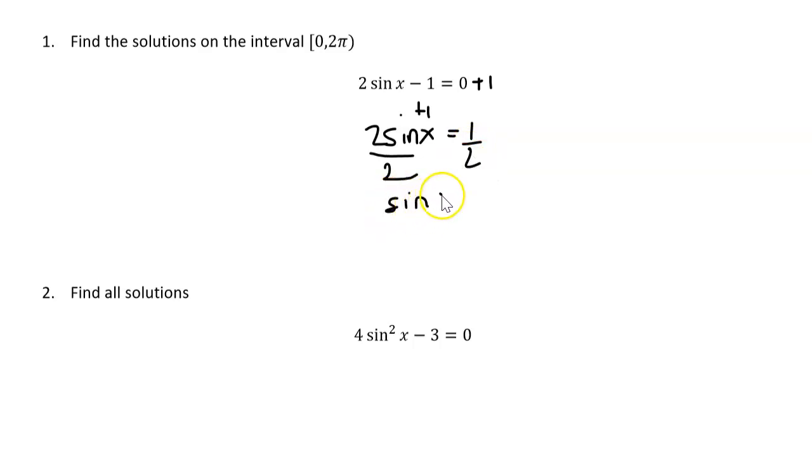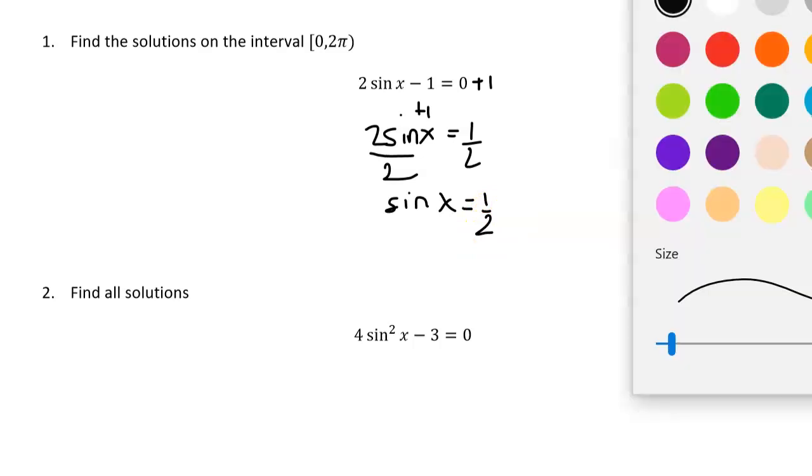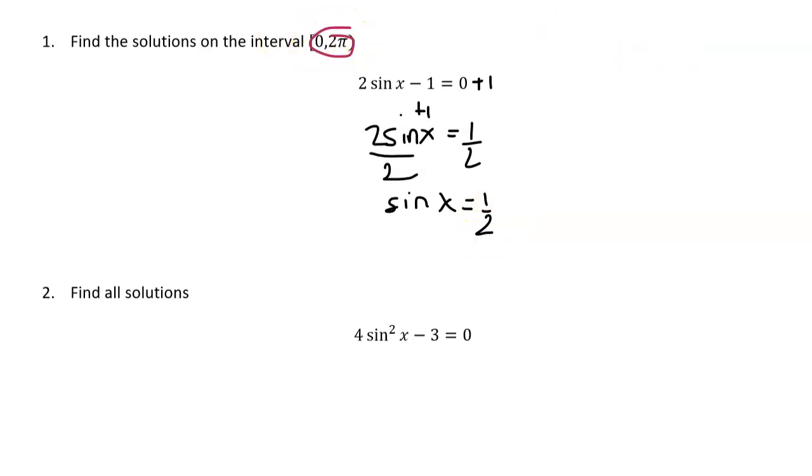Sine x equals 1/2. Since we're solving specifically on the unit circle, take a peek at your unit circle and look for where sine is equal to 1/2. In radians, since it's defined by pi, we should get pi 6th and 5 pi 6th.